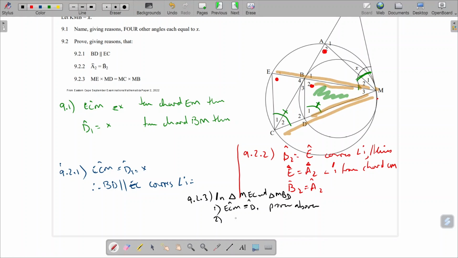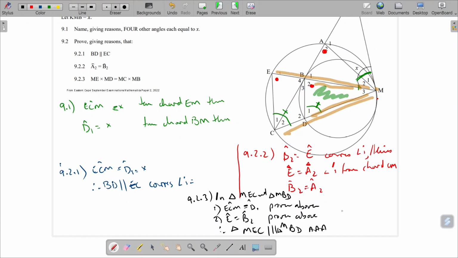We have 2 that E equaled B2, proven earlier. And therefore we have that the triangles are similar. Sorry about the handwriting.